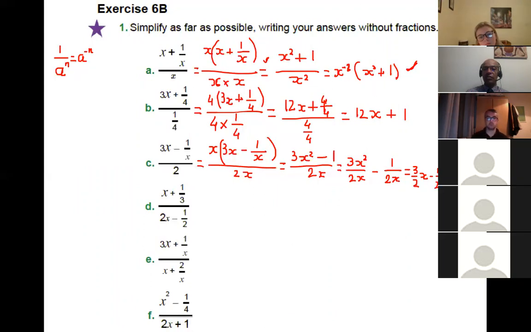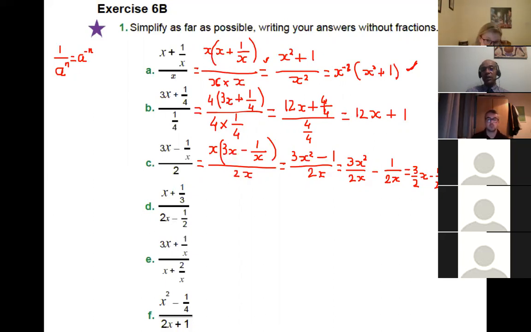I still get fractions, but if they tell me I need to get rid of the fraction on x, this is just x to the power minus 1. Remember they said, write your answer without fractions. It's a bit like writing 1.5x minus 0.5x to the power negative 1.